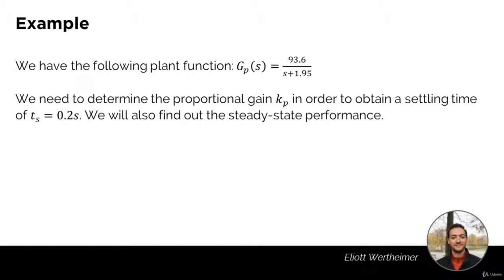We need to determine the proportional gain Kp in order to obtain a settling time of Ts equals 0.2 seconds. So we need the response of the system to settle in 0.2 seconds. We will also find out the steady state performance of the system.